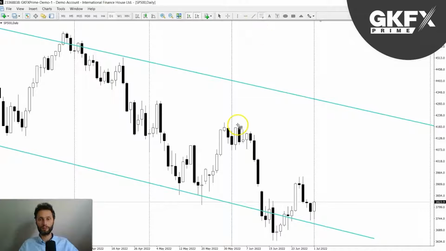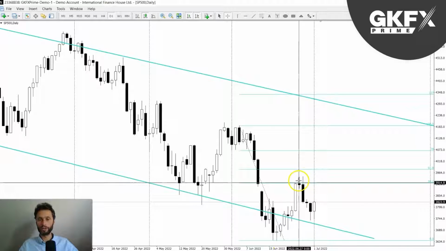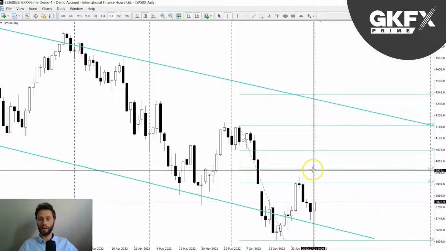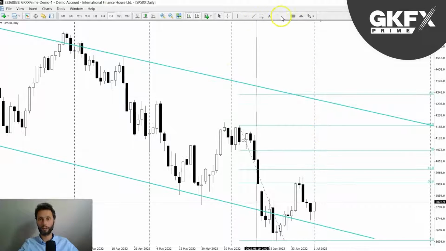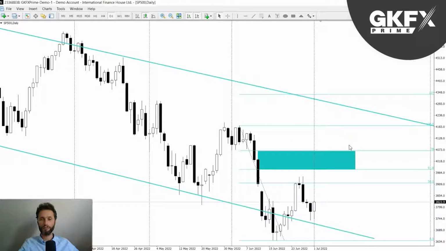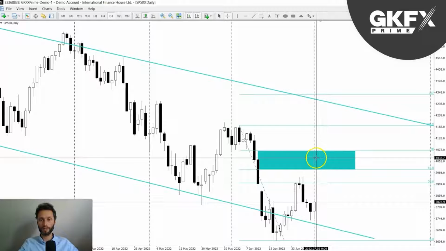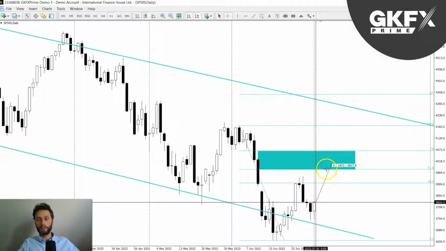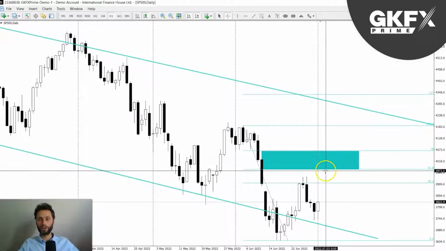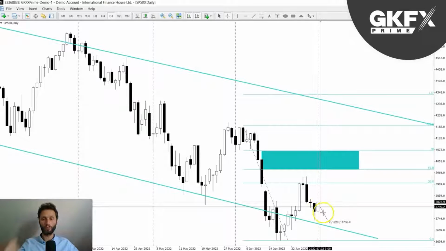If I draw a fib again from the last obvious high to the low, we reached this 50 level, bounced off, and again, the preference that I have in terms of high probability is a higher price. The higher price would be the 61.8 and above. That would be expensive territory, and expensive is good because that's where we want to short from. So let's see if the market does make this pullback into this zone, or if it drops further.